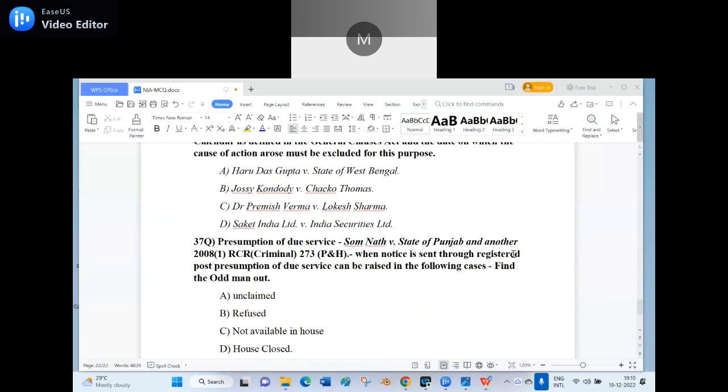So, 37th question. Presumption of due service. Somnath versus State of Punjab and another. There is the case law number. When a notice is sent through registered post, presumption of due service can be raised in the following cases. Find the odd one out. Number A, unclaimed. B, refused. C, not available in the house. D, house closed.